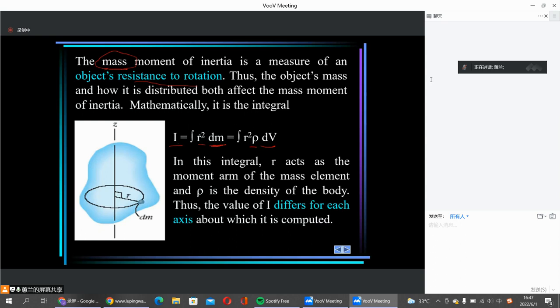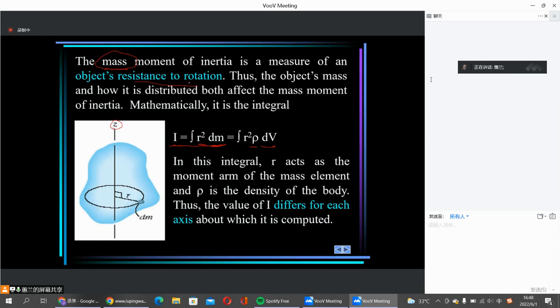So after we find the r squared times dm, we integrate over the entire rigid body, and we can find the mass moment of inertia of this rigid body about the z-axis.